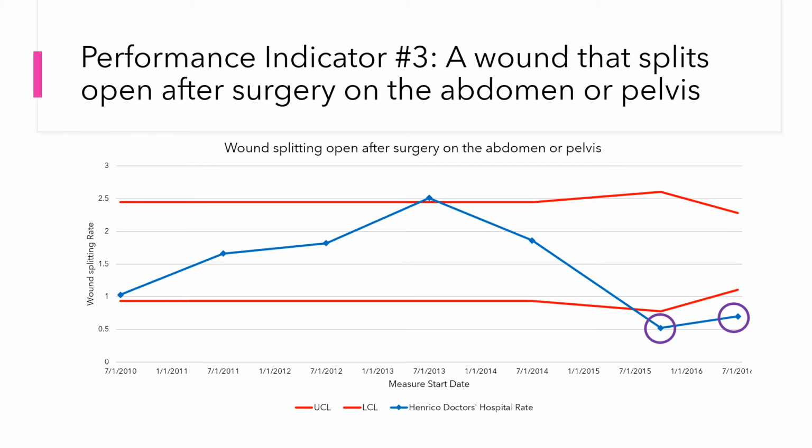And as previous, the red lines are the control limits, and the blue is the Henrico Doctors Hospital rate. As you can see, the Henrico Doctors Hospital started within the limits. Then in July 2013, it was above the limits. However, lower rates of wound splitting after surgery are seen in recent time periods.